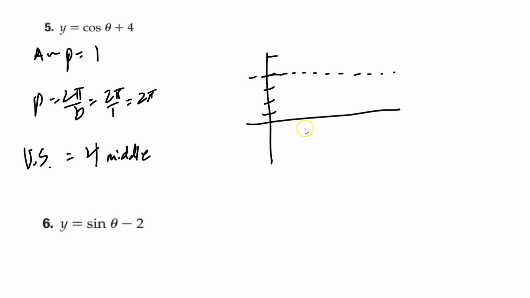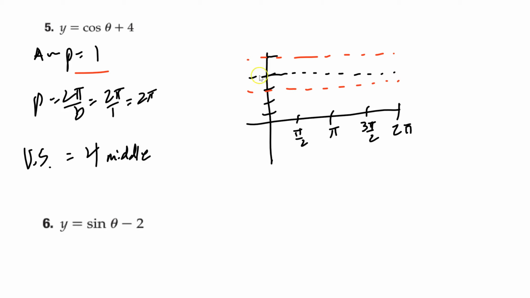For my normal period, I'm going to go pi over 2, pi, 3 pi over 2, 2 pi. Anytime there's no funky period, just do the basics. After that, let's figure out amplitude, right? Amp is 1. So from this middle here, I could go up 1 and I could go down 1.